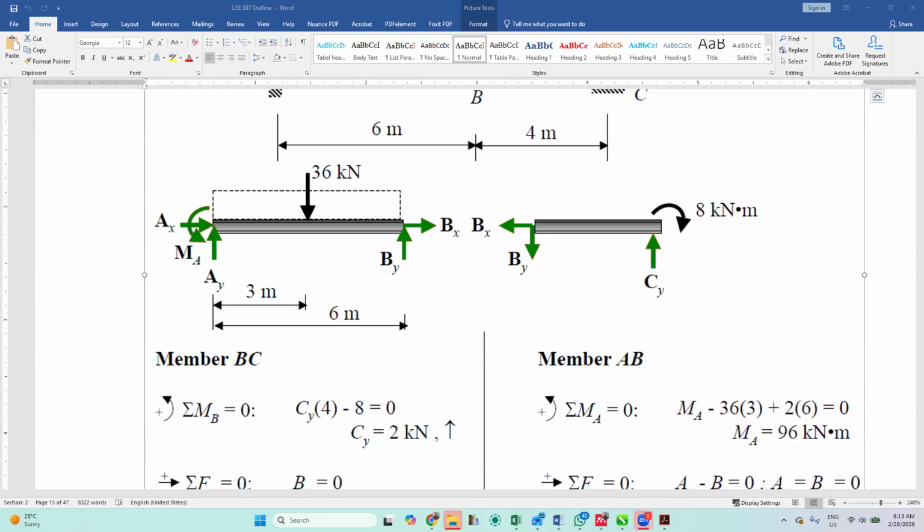But had it been that we have a moment here that maybe it's something like 6 kilonewton or whatever it is, it's going to take effect. Are you getting me? Now, looking at this, if I take force times perpendicular distance, but there's a moment here which we don't know the value, what it means is that I should not start my calculation from this end.